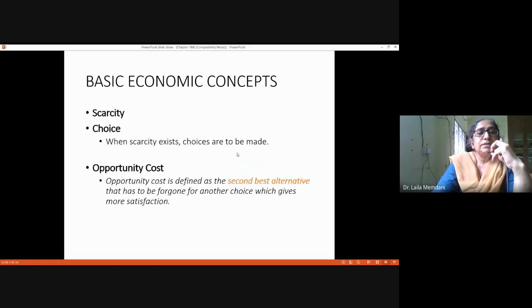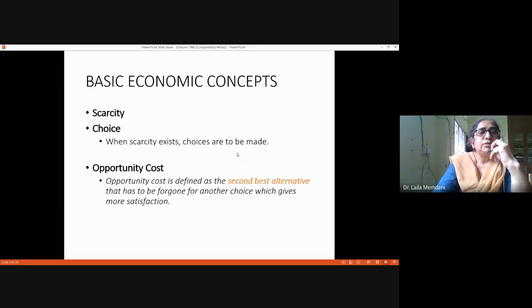Now, the question is, what is opportunity cost? Opportunity cost is defined as the next best alternative or the second best alternative that is foregone or sacrificed. Like if you are working in a company getting a salary of 30,000, you might have got an offer from another company also with the pay of 25,000.